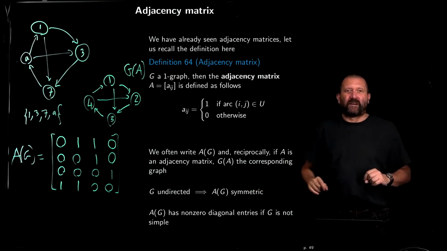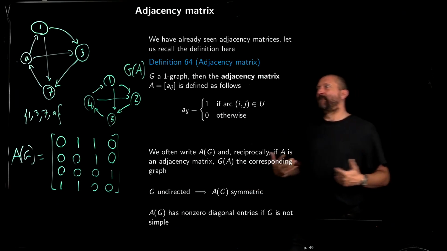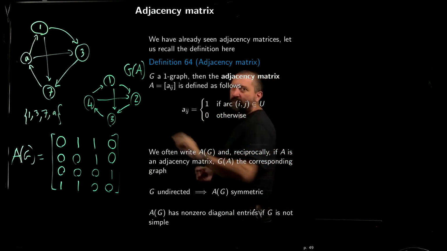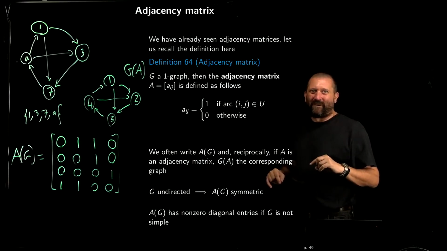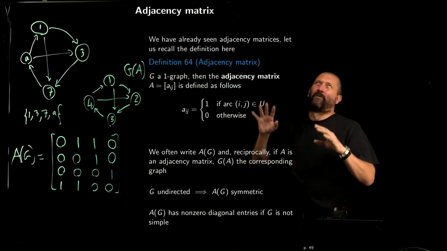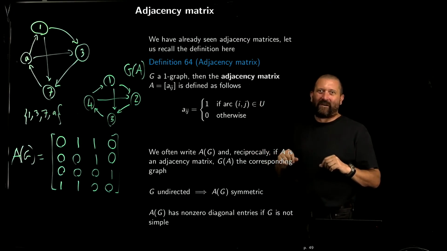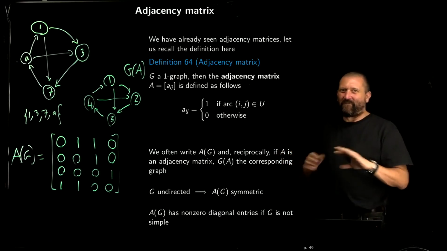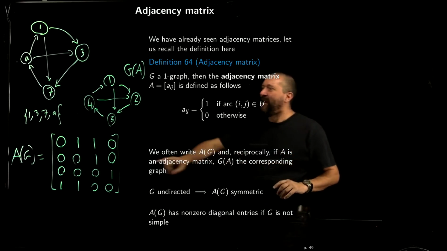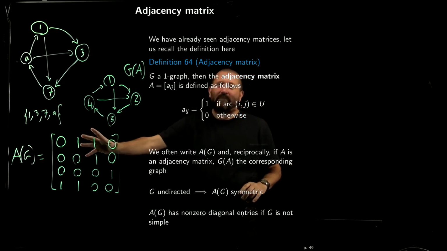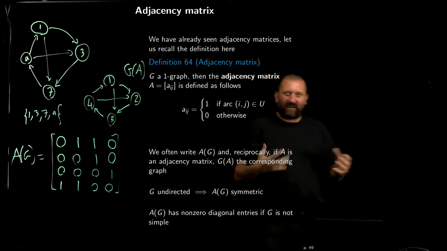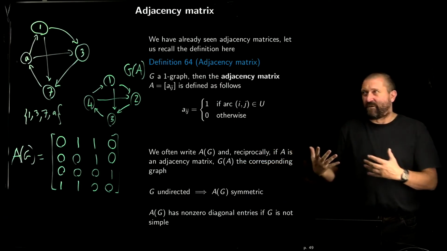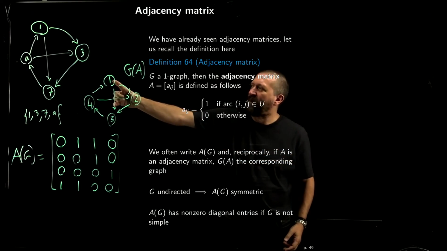Of course, if my graph is undirected, then I don't need to know the direction of the arrows. And that's what we saw last time when I was talking about adjacency matrices before. The matrix associated to a graph that has no direction is, of course, symmetric, because there would be an edge here.